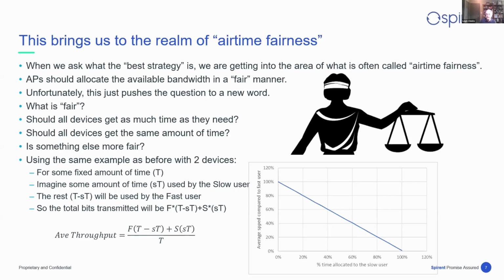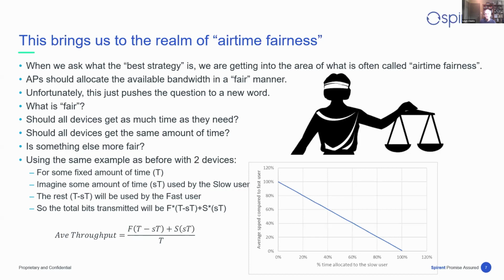I mean, possibly. And what we're showing here is you can do a similar kind of intellectual exercise and say, well, what are the choices the AP has? If we take a fixed amount of time and say, how should the AP divide up that time?